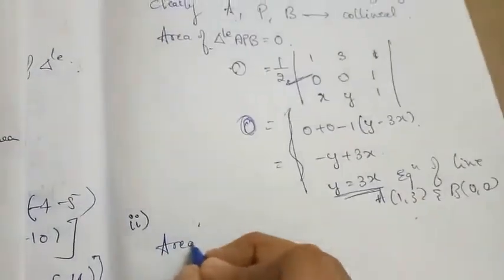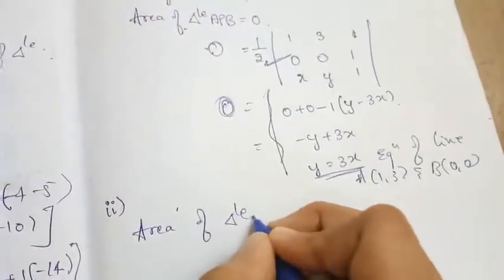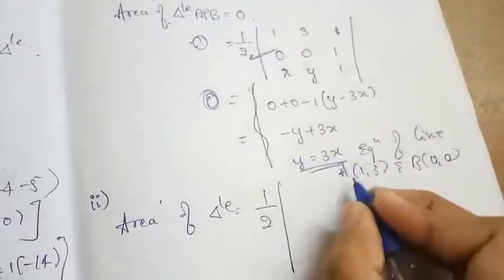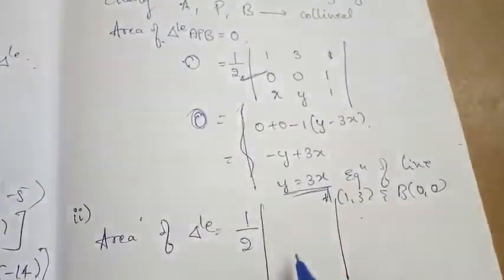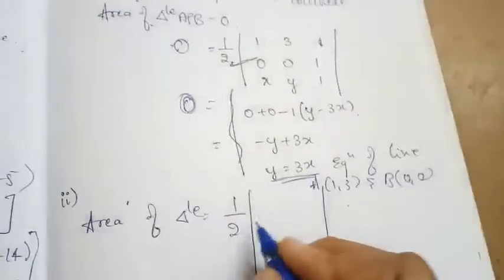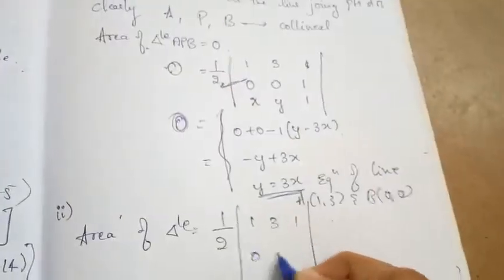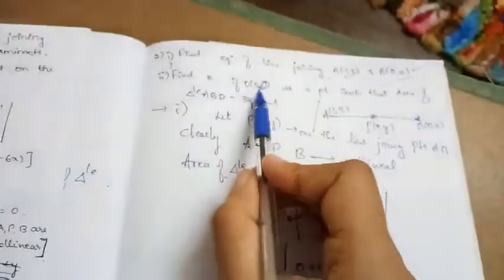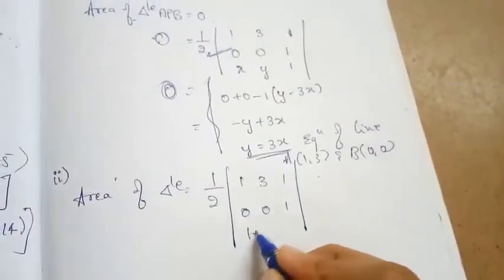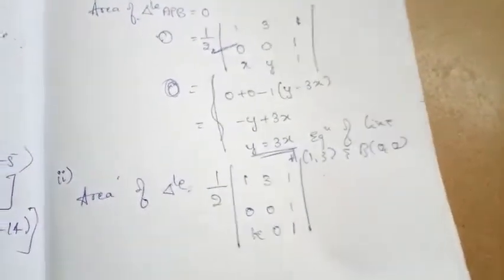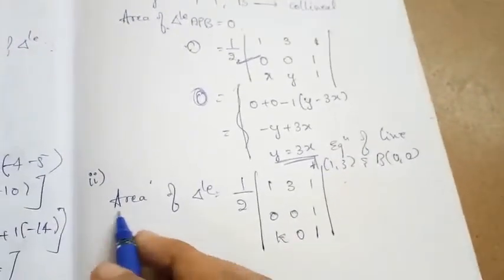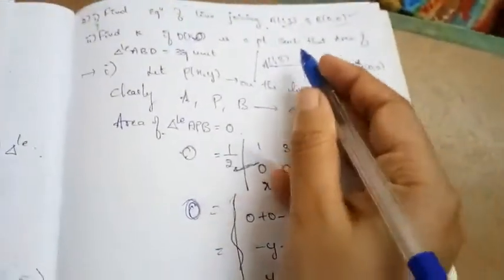So we have the area formula, half of the determinant x1 y1 1, x2 y2 1, x3 y3 1. So the first row is 1 3 1, the next is 0 0 1, the next is D, that is k 0 1. Now they have said the area of the triangle is 3.